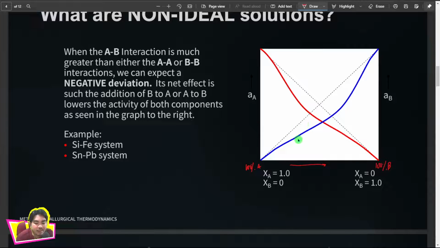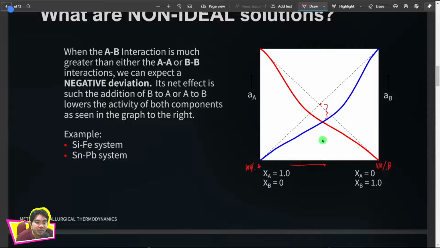So if you have, for example, 0.5 B, then it is expected that its activity is 50%. But notice here that there is a deviation. And this deviation right here, we call this a negative deviation, because the graph is pushed downwards. So it's lower than the expected ideal condition.